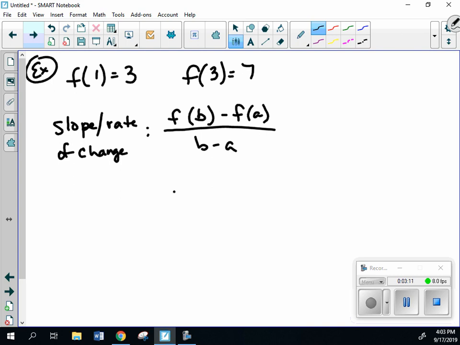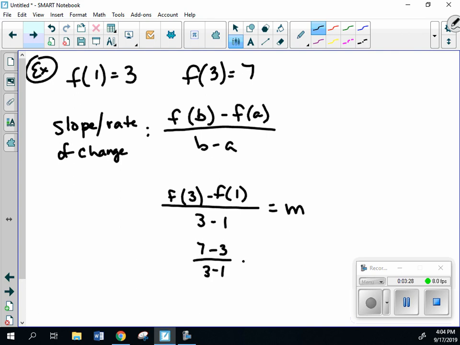So I have f of 3 minus f of 1 over 3 minus 1, in this case to find my m. Well, f of 3 is 7, f of 1 is 3, so that's going to be 7 minus 3 over 3 minus 1. I'm going to reduce this. I get 4 over 2, which gives me my slope.